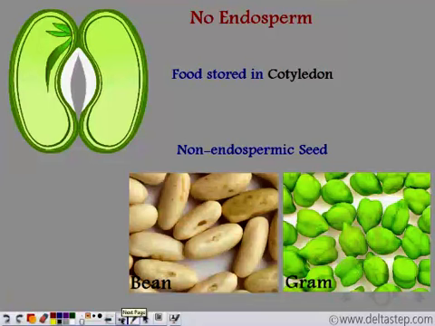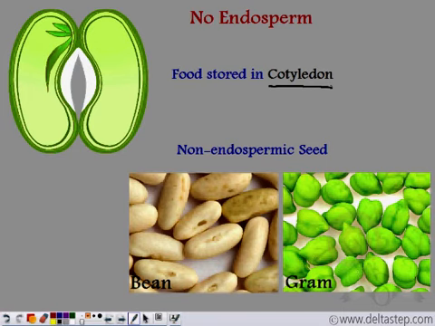Now, there are some seeds in which there are no endosperms. In seeds where there is no endosperm, food is stored in the cotyledon. This is a bean seed. See, there is no endosperm present here.